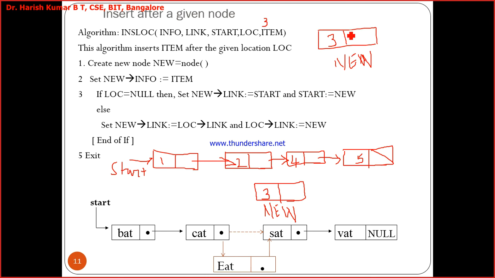Null it is. Now you have created one node, and this is the first node. Start should always point to the first node, so make start equal to new. Now start is pointing to this. Correct now? Any doubts here?